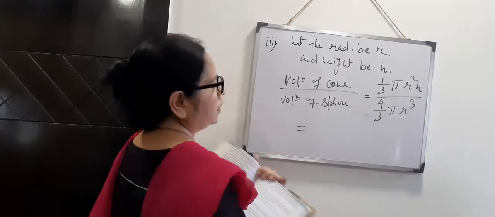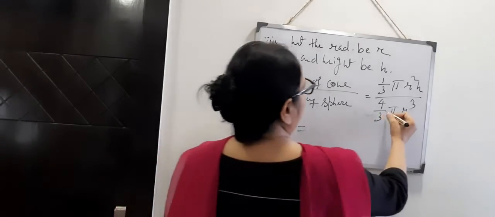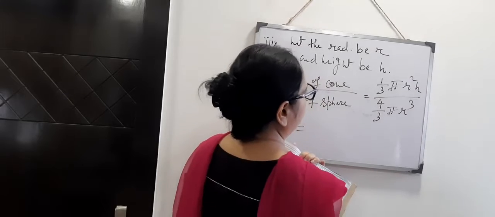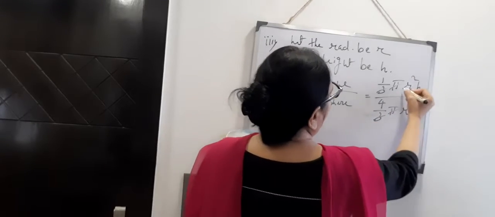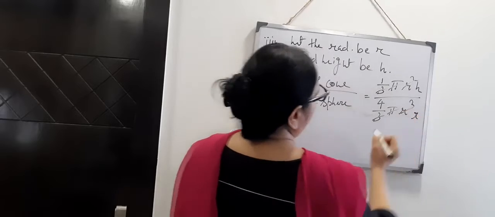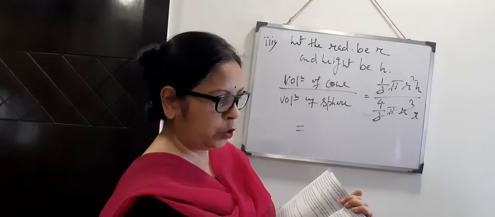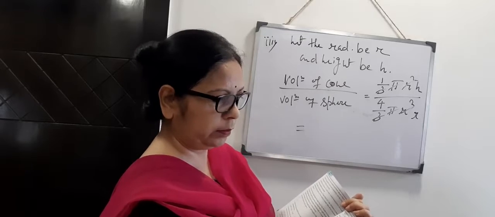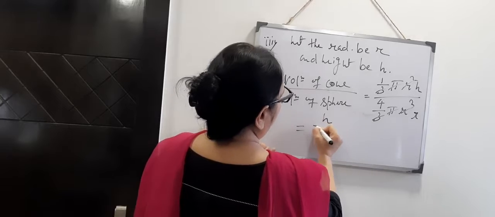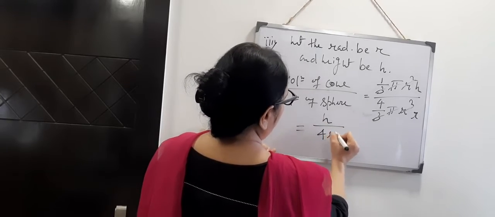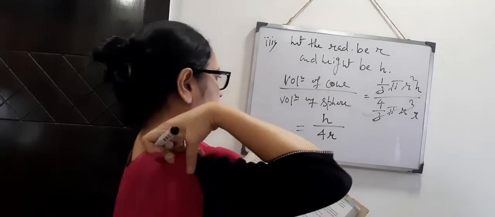Here pi same, cancelling 3, so we are getting h by 4r.